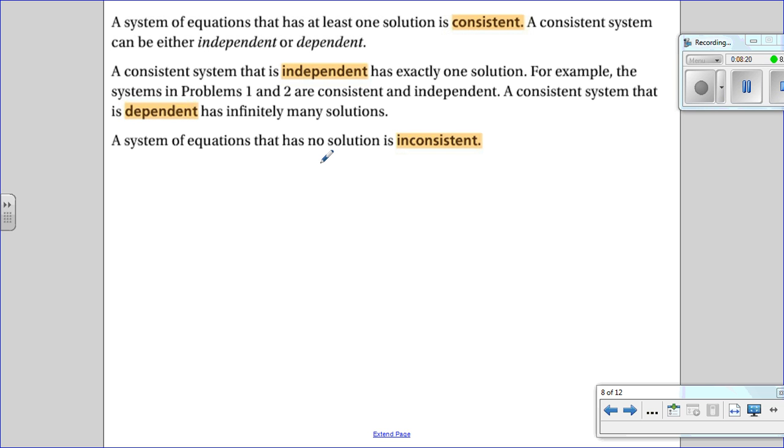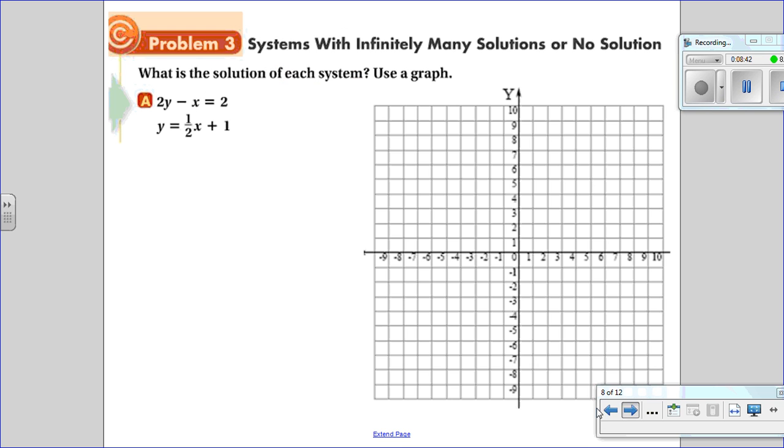But a consistent system that is dependent has infinitely many solutions. Or if the system of equations has no solution, it's called inconsistent. Okay, so it can be consistent or inconsistent. If it's consistent, it can be either independent or dependent. And we're going to show you what those two look like.